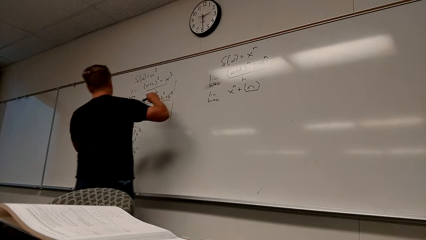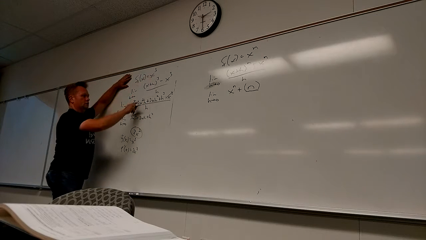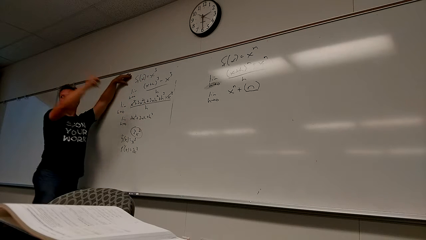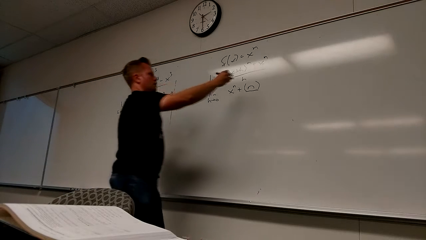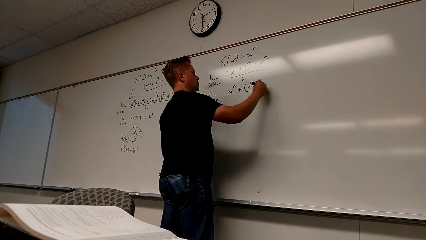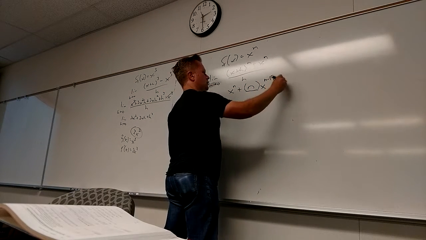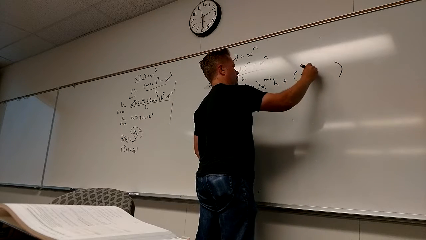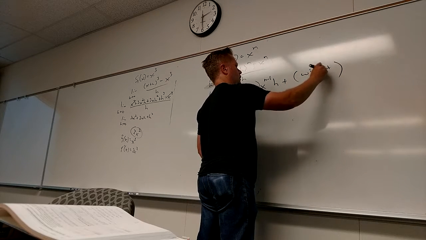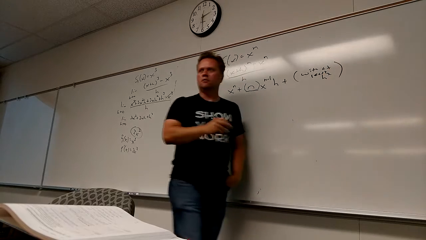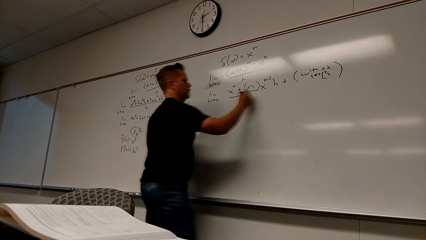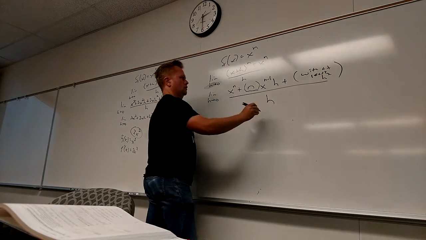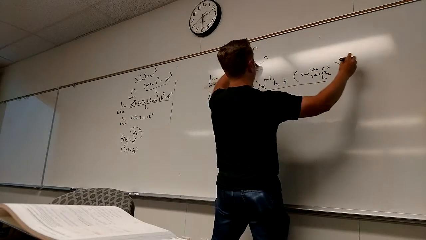In fact, you can kind of see it here. See how n was 3, and this number is 3? Then it was 2, it was 2. x to the n minus 1 h plus a bunch of stuff with at least h squared, all over h. And then at the end it's going to be minus x to the n.